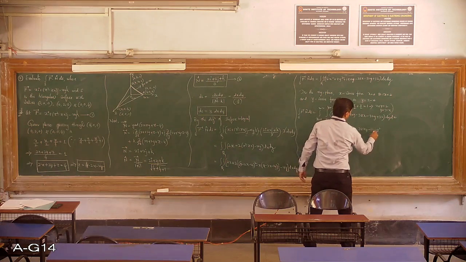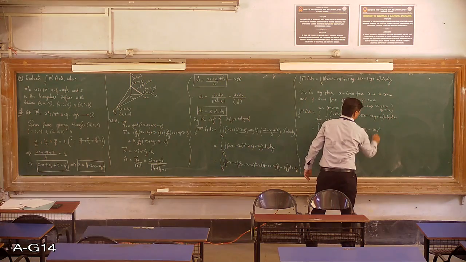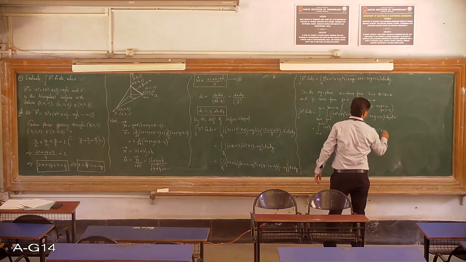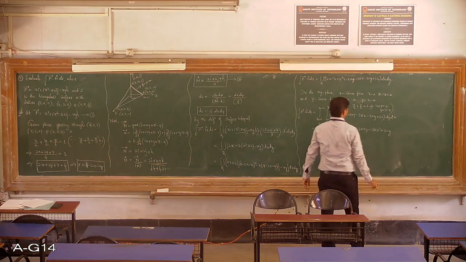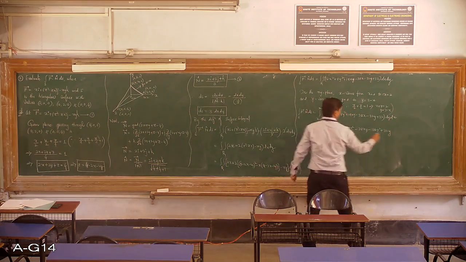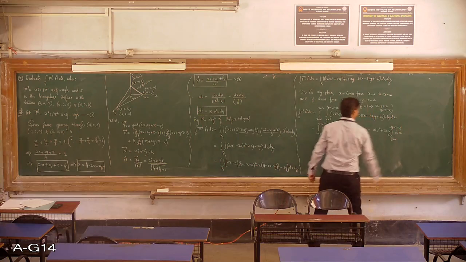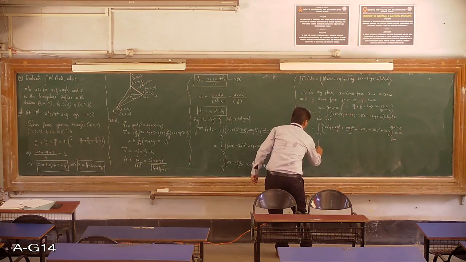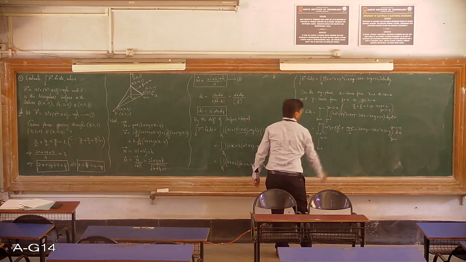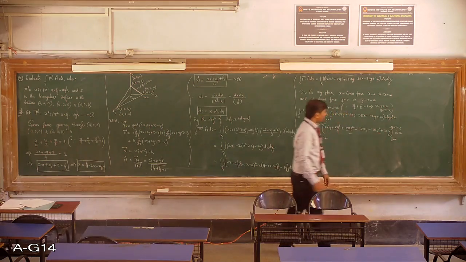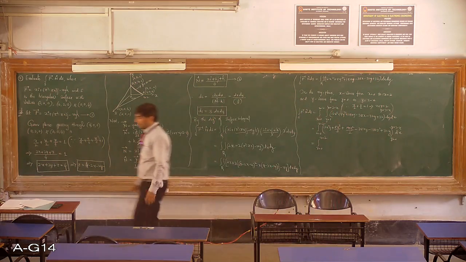32 y square by 2 means it is 16y square, then here it is plus 32y. Okay, so now y is running from y equals 0 to y equals 2 minus x, into dx, with x from 0 to 2. Now put the upper limit, that is y equals 2 minus x. By putting the lower limit, that whole term will be 0 only.